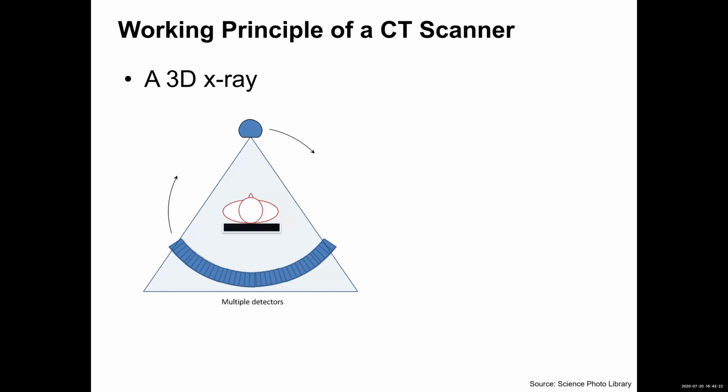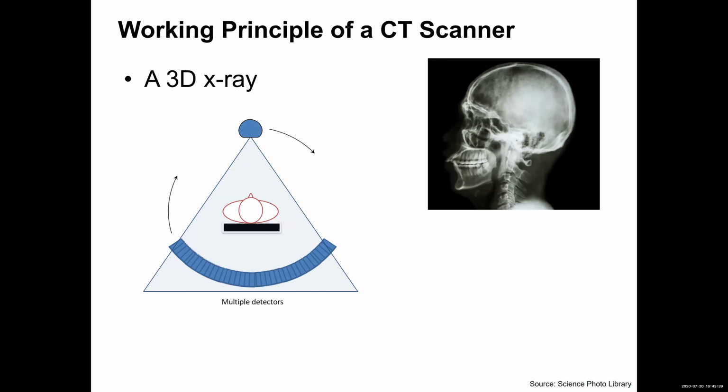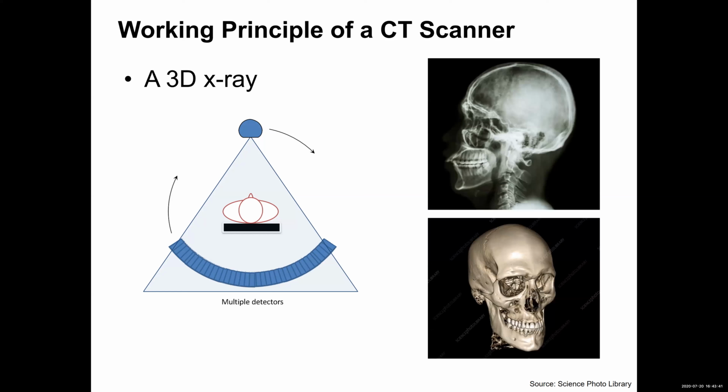While a conventional X-ray machine produces a 2D image from a single perspective, the emitter and detector on a CT scanner revolve around the sample while taking multiple images from different perspectives and reconstructing them to give a 3D visualization of the subject or the sample. These were the 2D images from the X-ray and the 3D image that is given by the CT scanner.